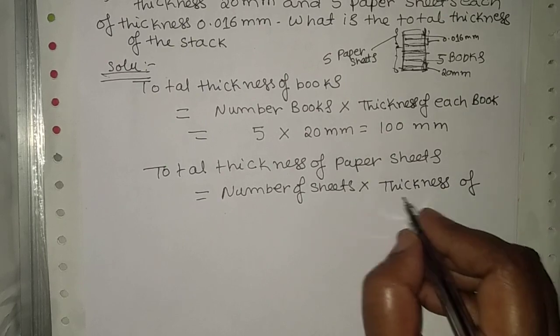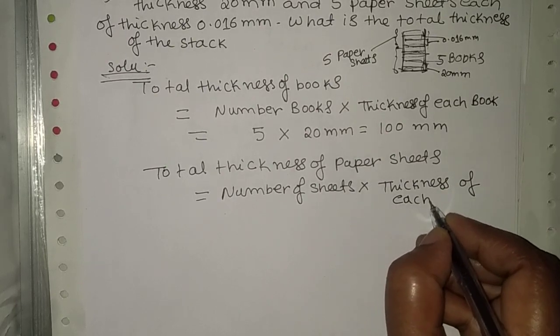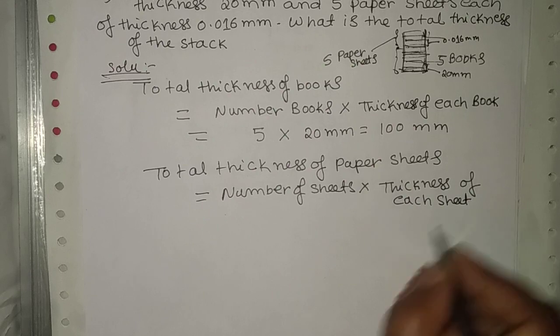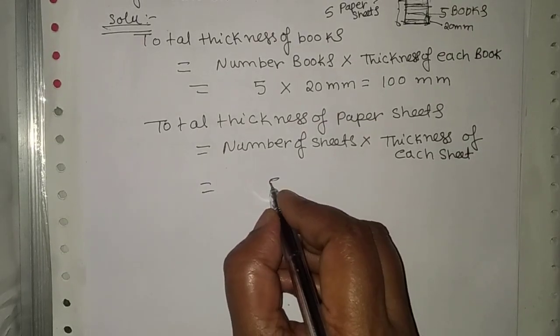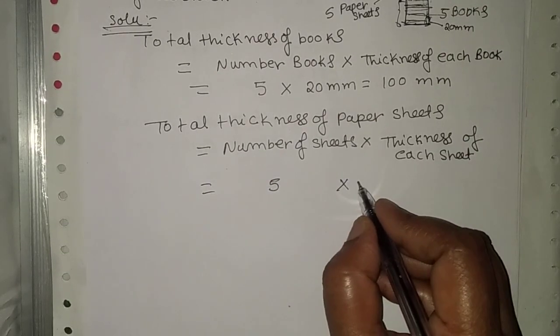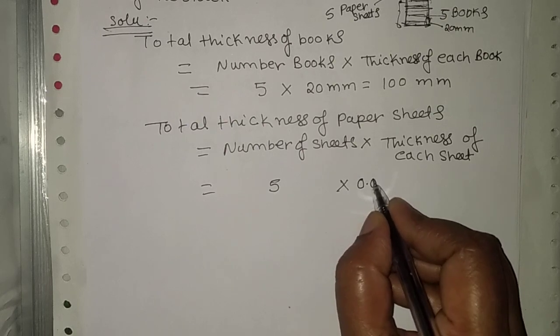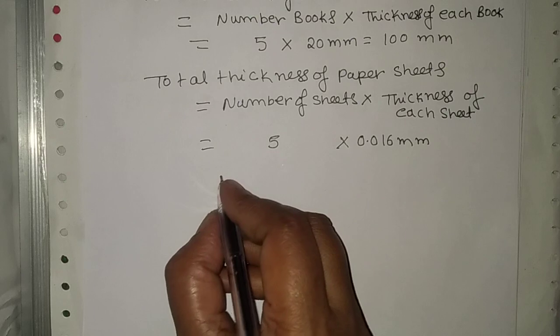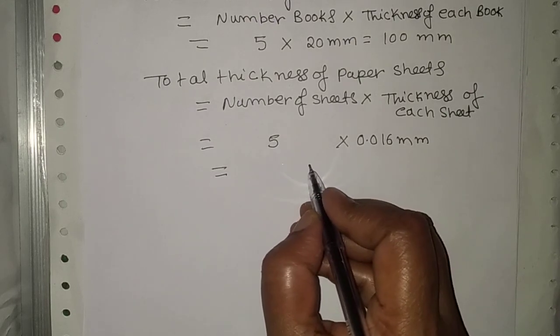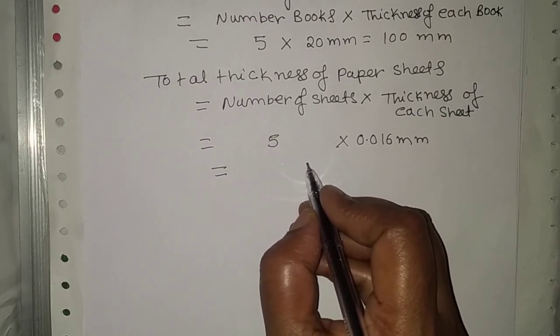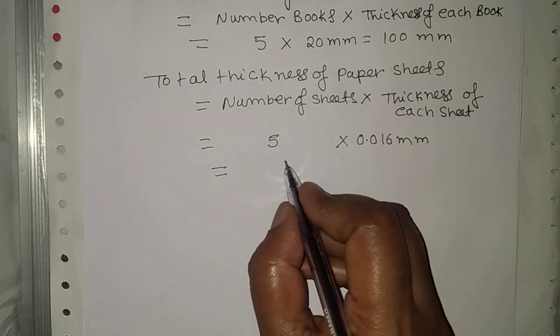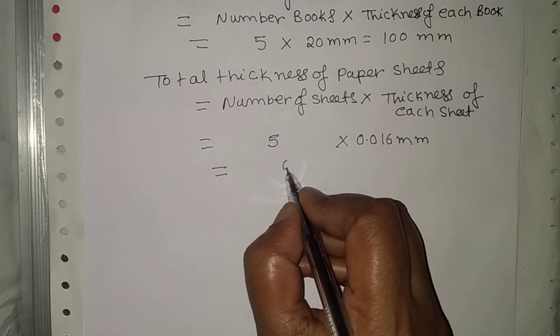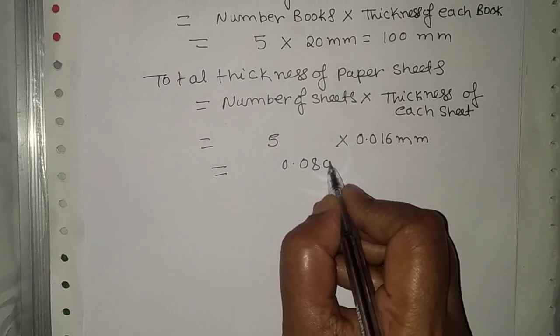So write down 5, the number of sheets, into the thickness of each sheet, 0.016 mm. Multiplying these two, 5 into this is 0.080 mm.